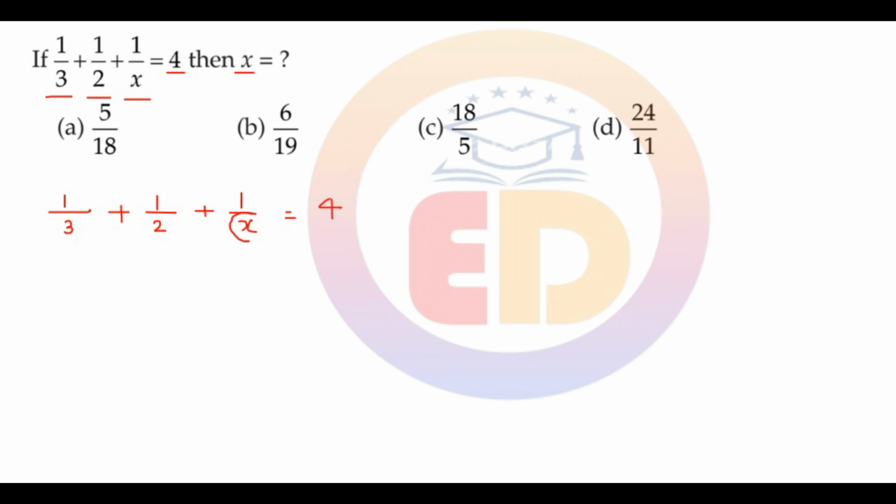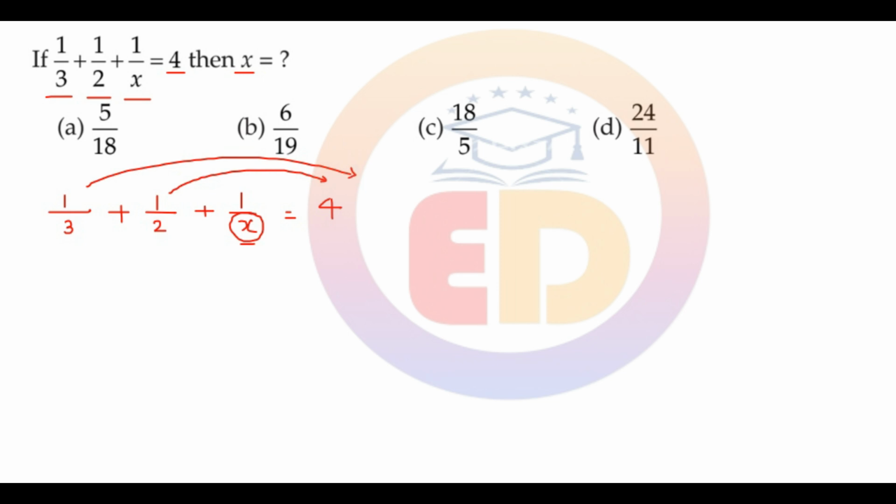Now friends, understand that to find the value of x, I have to take all the terms together, and for that I will take 1 by 2 from the left hand side to the right hand side and 1 by 3 from the left hand side to the right hand side.